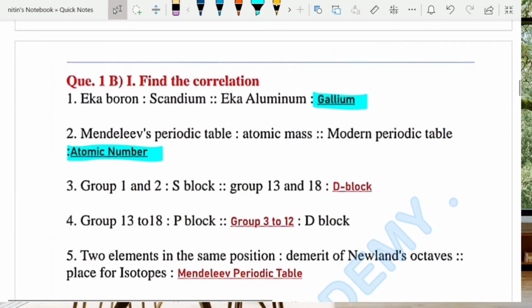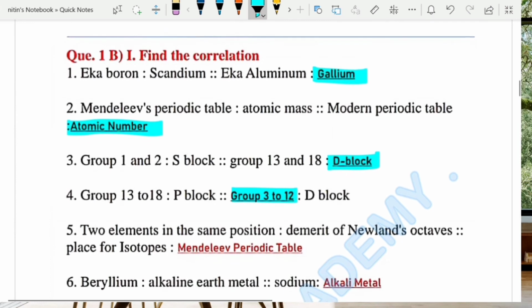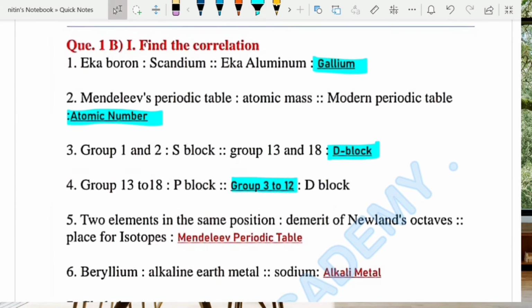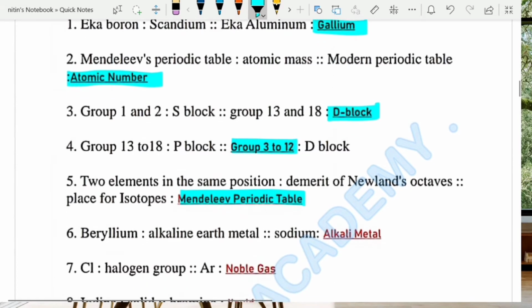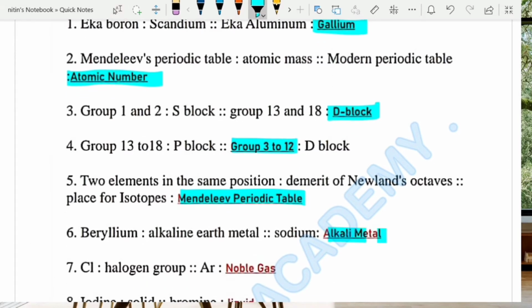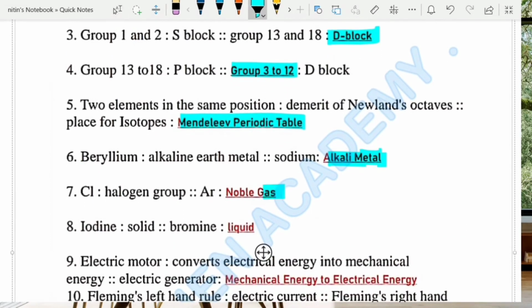Groups 1 and 2 are the S block, 13 to 15 D block. Groups 13 to 18 are the P block, dash is the D block, 3 to 12. Two elements in the same position are a demerit of Newlands' octave, and the place of isotopes in Mendeleev's periodic table. Beryllium is an alkaline earth metal, sodium an alkali metal. Chlorine is in the halogen group, argon a noble gas.